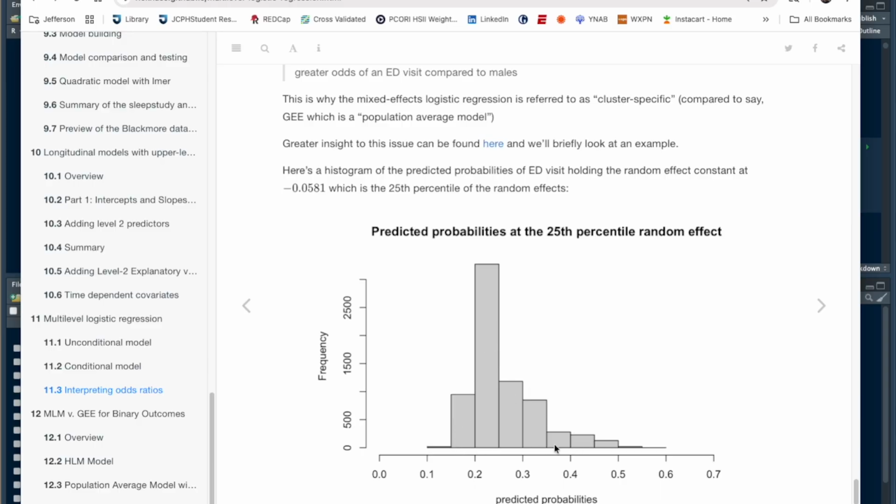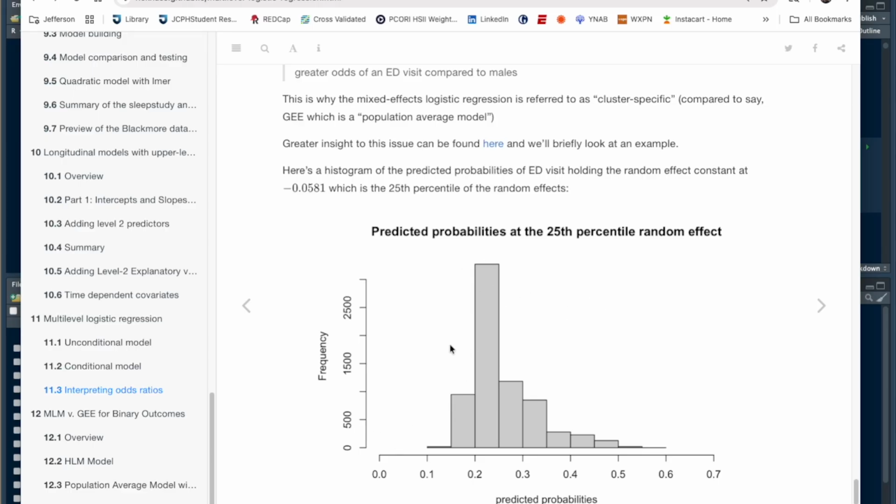And here's what they would look like if they all came from one cluster, with this random effect. Again, as before, most folks have that 25% chance, with some up the top sort of skewed, but most people are down low.